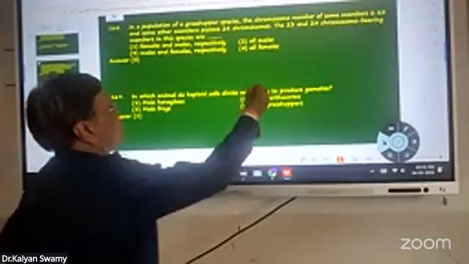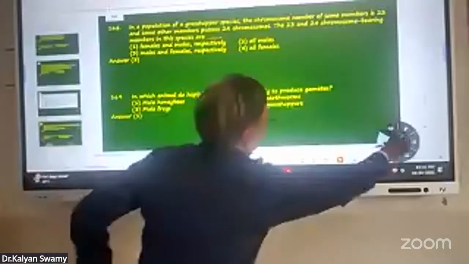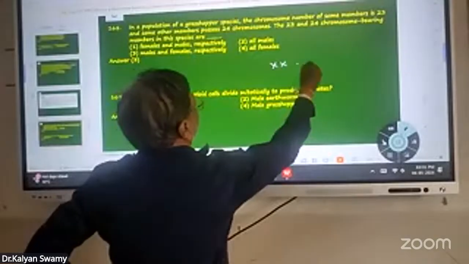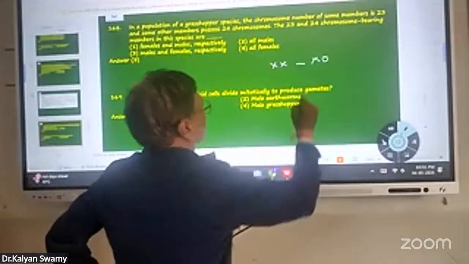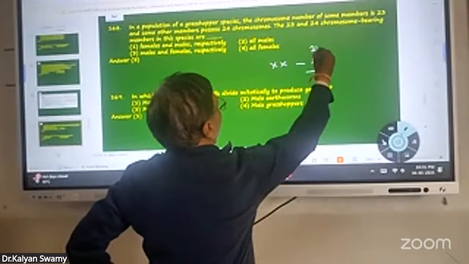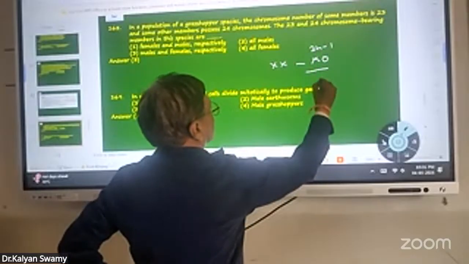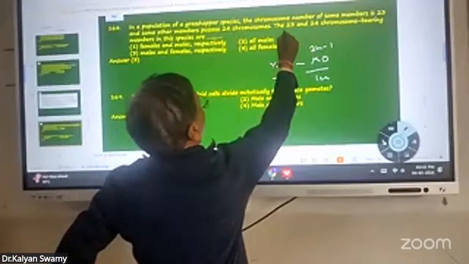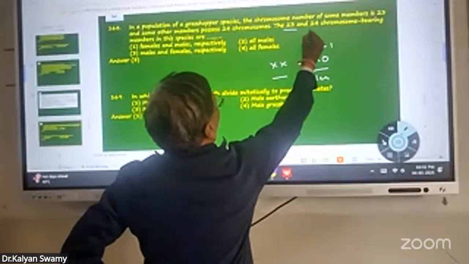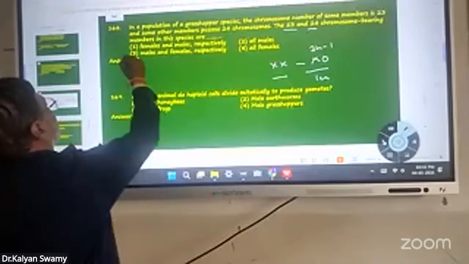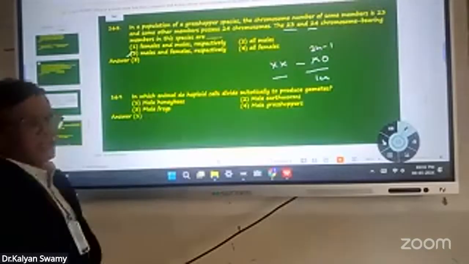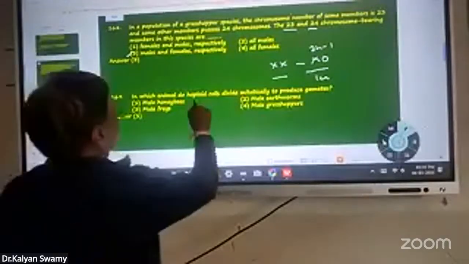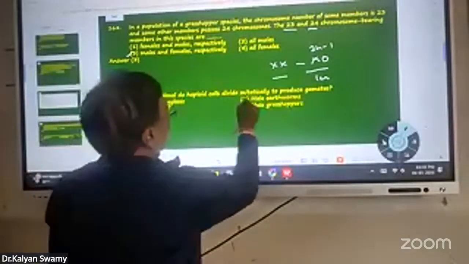Very easy question. In the XO type of sex determination, this is ultimately grasshoppers. Here, males have one chromosome less compared to females. Males and females are respectively determined in one way. In which animal do haploid cells divide mitotically?